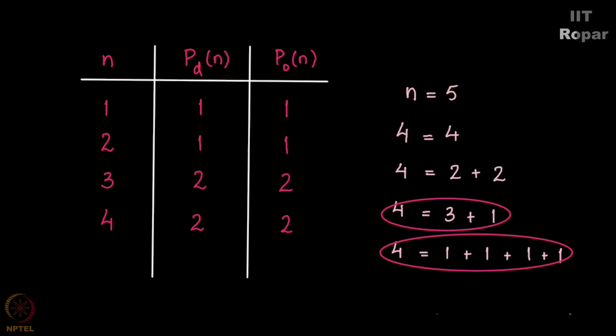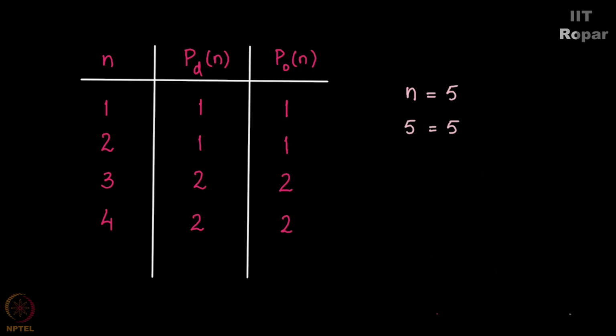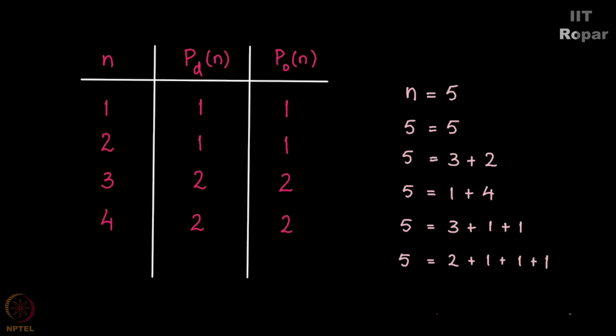The last one let me consider as 5 and we'll stop here. So, for 5, 5 equals 5. 5 equals 3 plus 2. 5 equals 1 plus 4, 5 equals 3 plus 1 plus 1, 5 equals 2 plus 1 plus 1 plus 1, and all ones. These are the 6 partitions of 5.